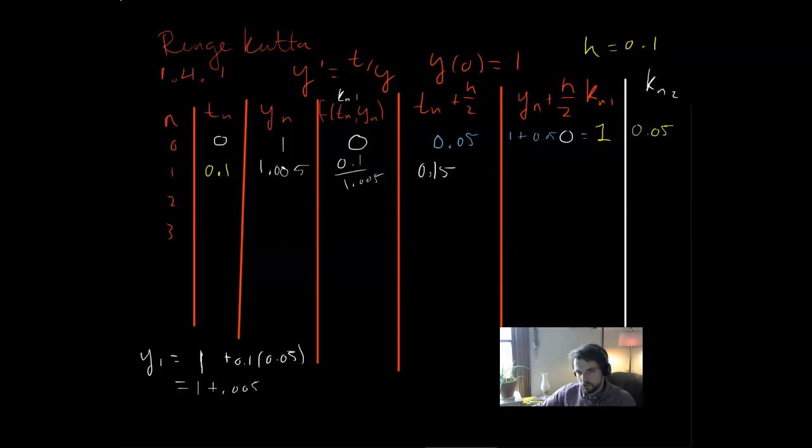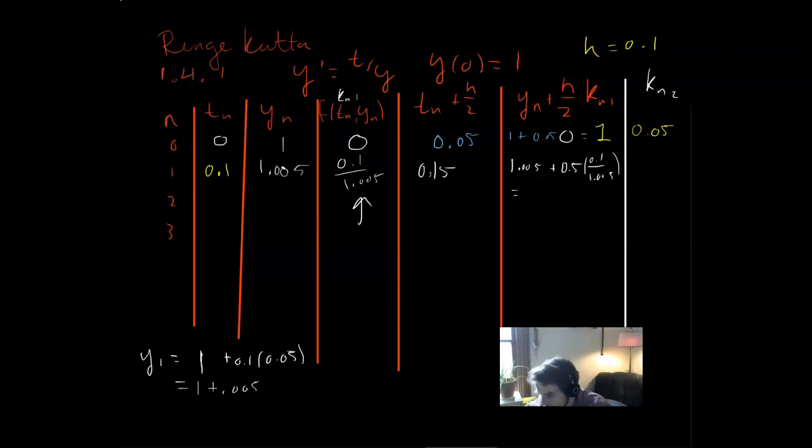So where's the scouting mission at? Well, the scouting mission has gone forward half a step. It was just a moment ago at 1.005, and it's gone forward half a step, so 0.5, in the direction given by this function right here. And so 0.1 over 1.005. Now that whole thing right there is equal to, allow me to plug that into my calculator, so you can see why it'd be a good idea to have some generous space for this.